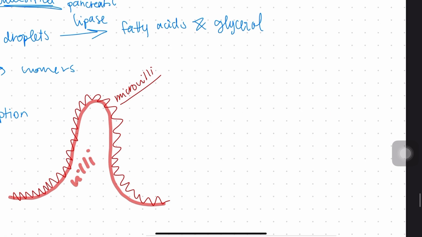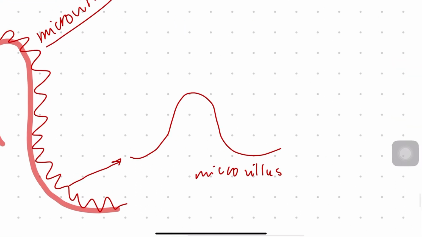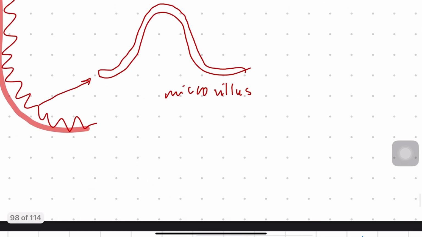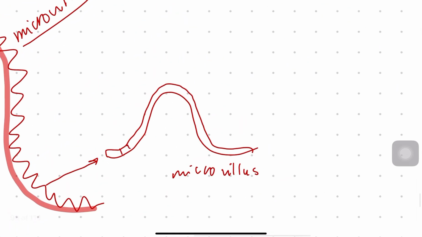Now, if we zoom in onto this, guys, pay attention to the colors I'm using here. This is a microvillus. We have some special things. First of all, our little microvillus is made out of one layer of cells.